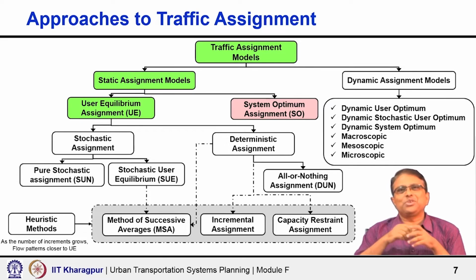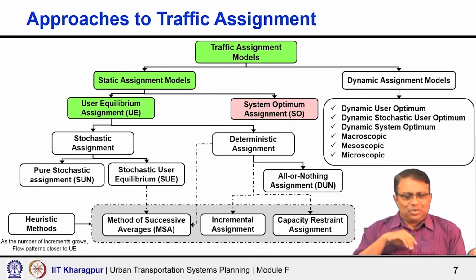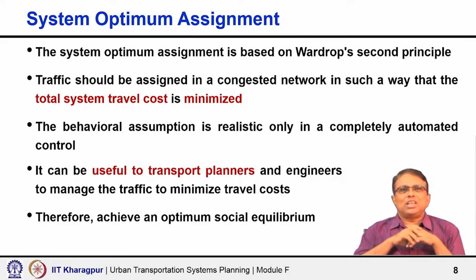So, this is a different solution, where the aggregate travel time for all the users using the network is minimum. So, the vehicle minute time is minimum, for example.